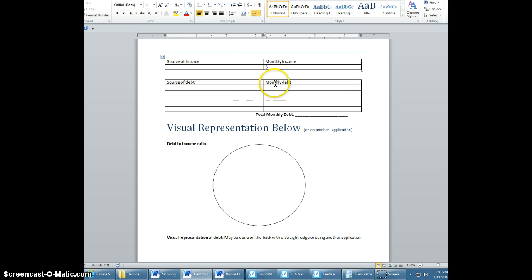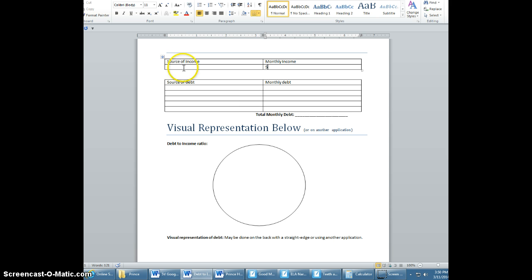We have to keep in mind that we also pile up debt, and that can be in the form of a cable bill, cell phone bill, a car payment, a mortgage, and part of our income actually goes towards paying off debt, and we want to know what ratio that is. What percentage of our income disappears to paying debt?